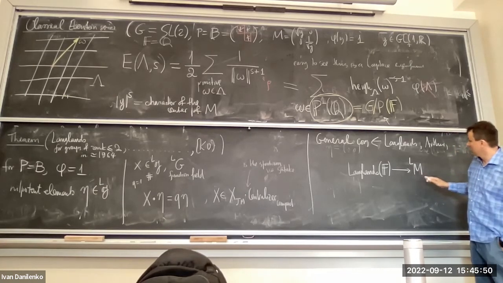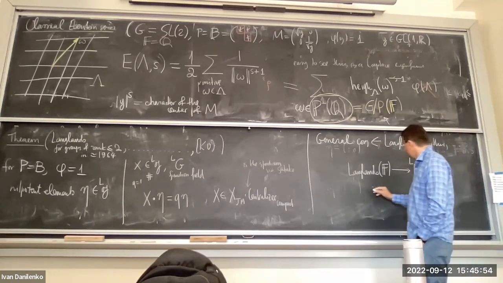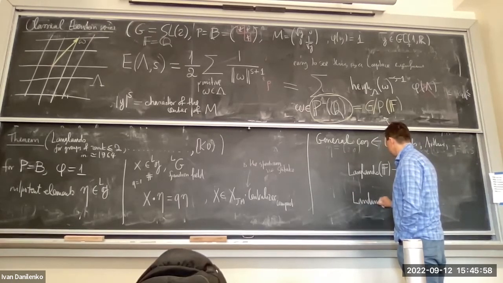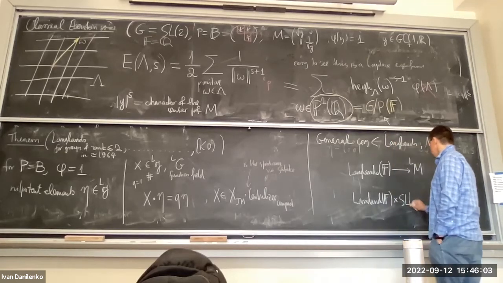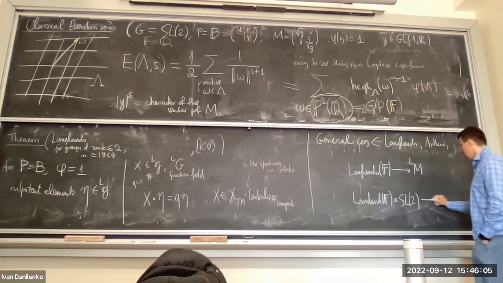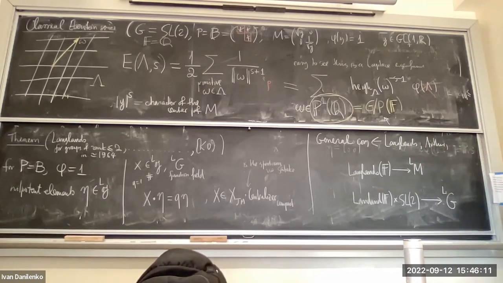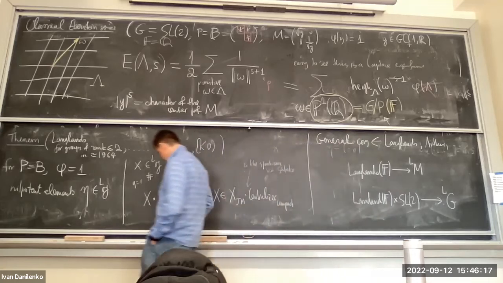And then you would take your group, and you would like this to go to the whole group, in a way that this group is some kind of extension here.